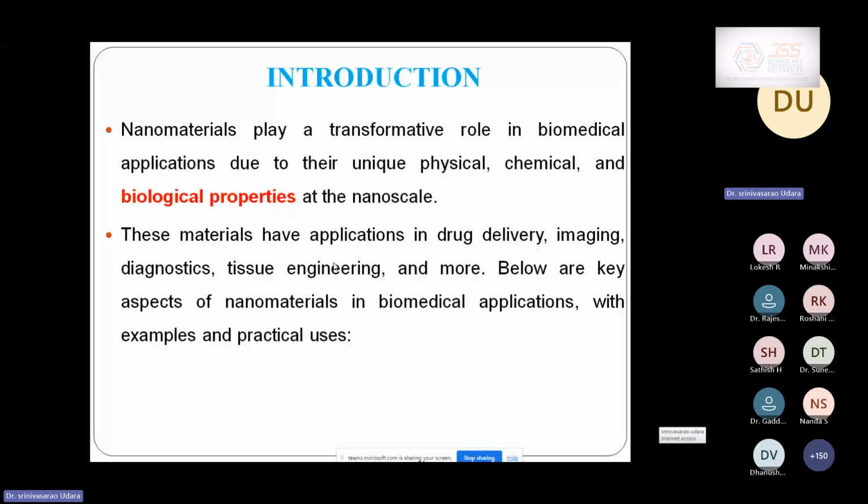In the current research work, I am mainly focusing on two research areas: one is medical imaging, as well as tissue engineering. Why is medical imaging important? Today many patients undergo MRI and CT scans. It is necessary to have a very bright image. If the image is not bright, it is very difficult to identify the problem of the patient.